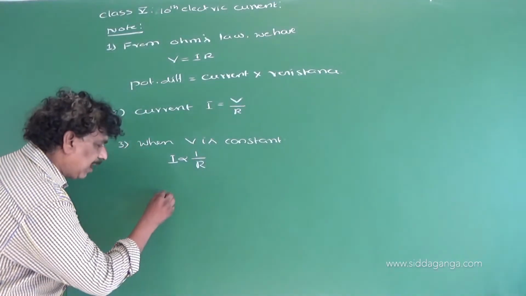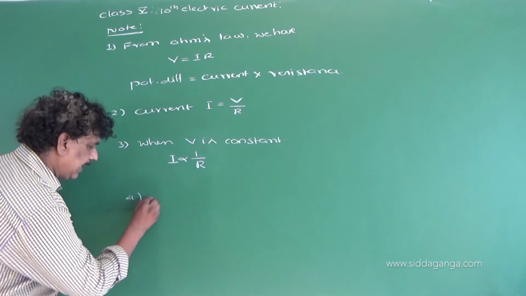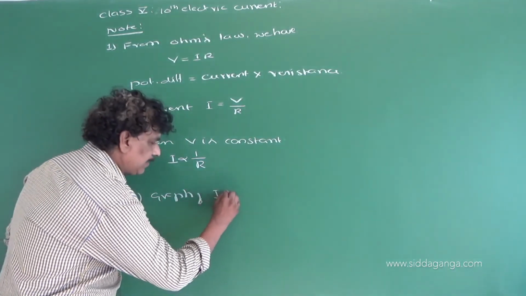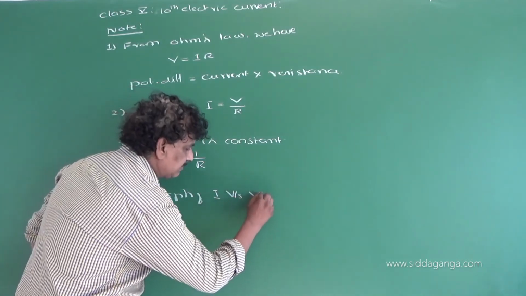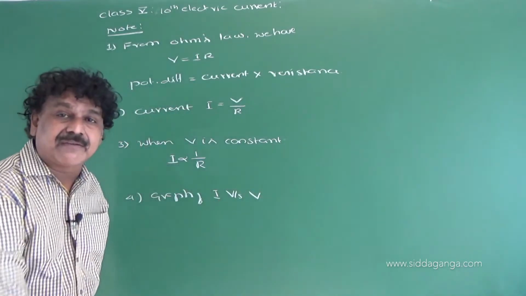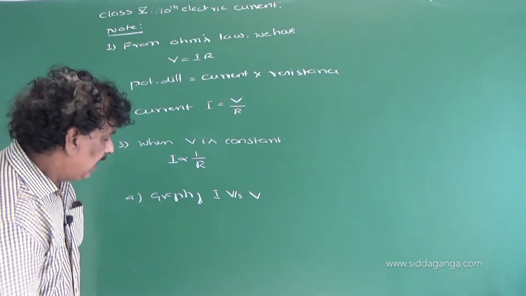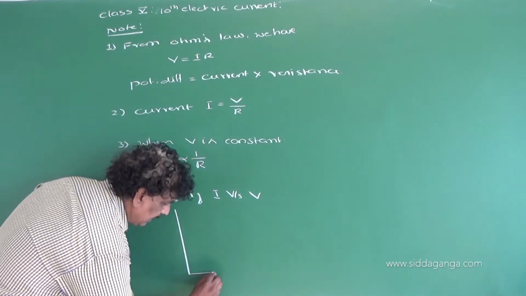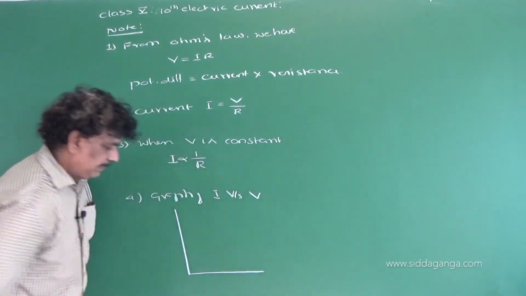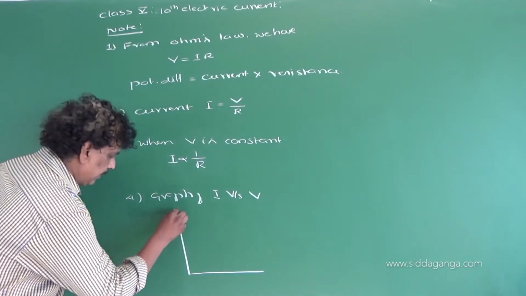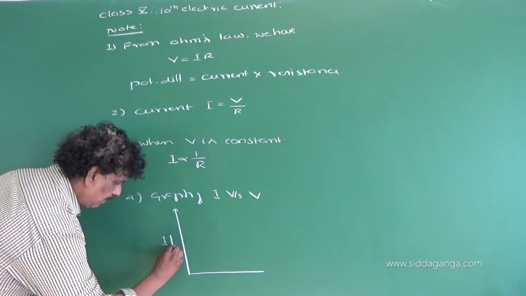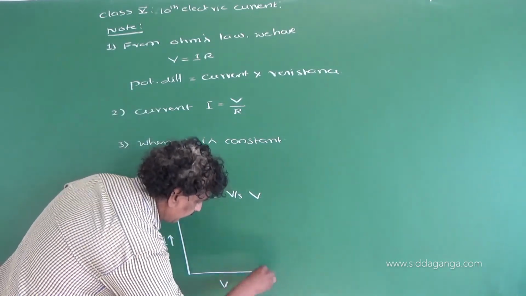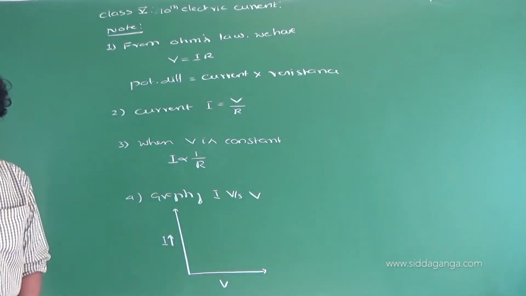Suppose we plot a graph of I versus V, current against potential difference or voltage, taking current along the y-axis and potential difference along the x-axis.